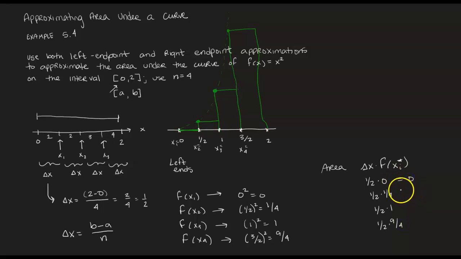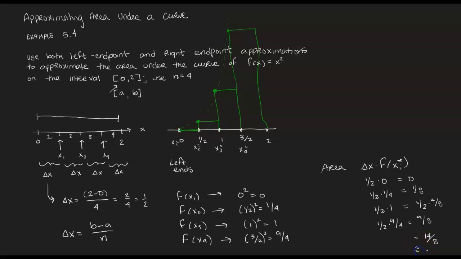So we've got 0, 1/8, 1/2, and then 9/8. And let's convert 1/2 into a fraction with the same denominator as our other fractions. So that would look like 4/8. So we've got 1 plus 4 plus 9, which adds up to 14 over 8.